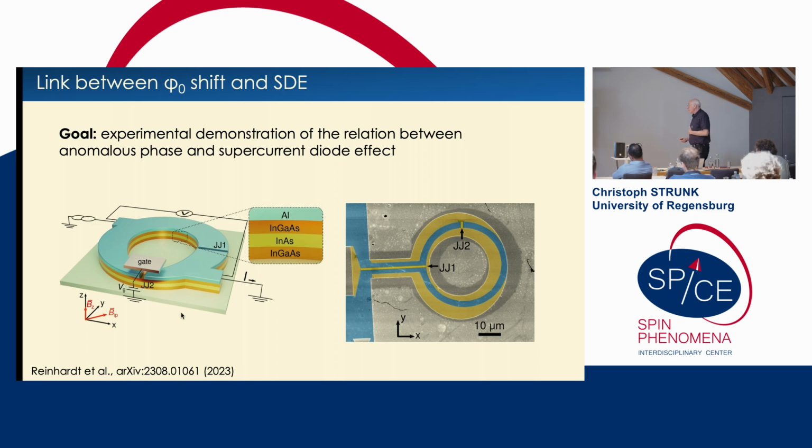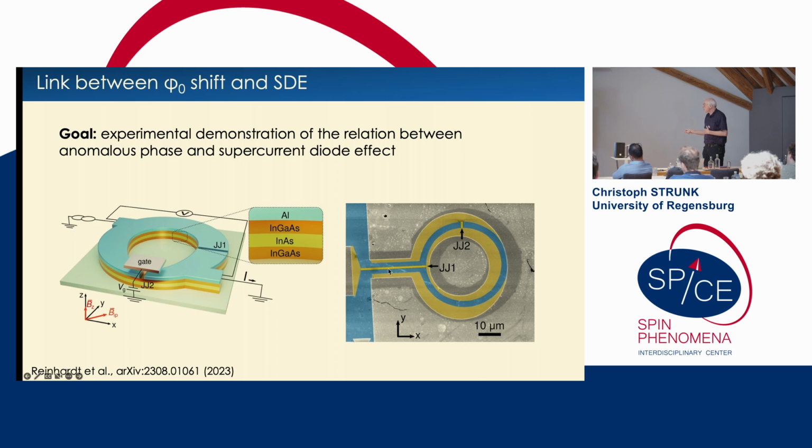Okay, but now in the beginning I said this phi naught shift has been observed, but does it really exist in our junctions as well? For that, Simon made an asymmetric SQUID arrangement where we have a small Josephson junction here and a very large Josephson junction in the orthogonal direction.